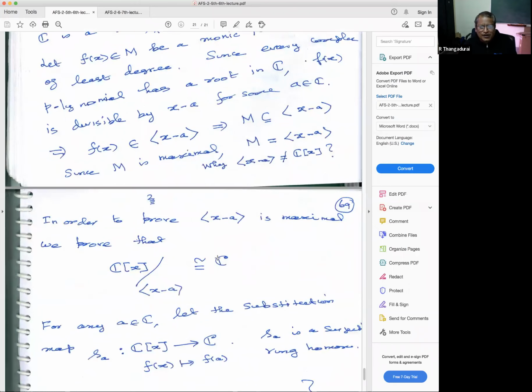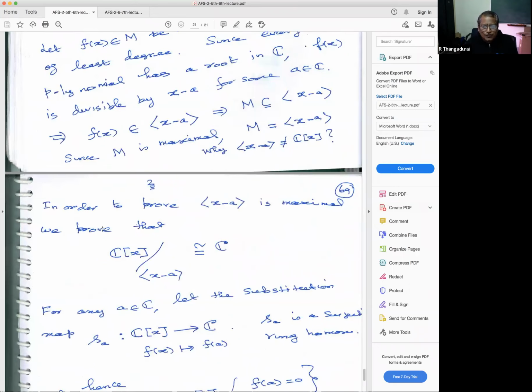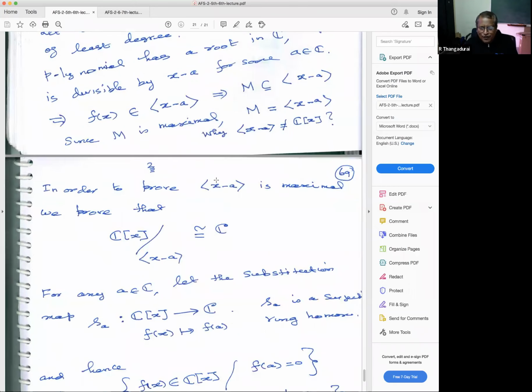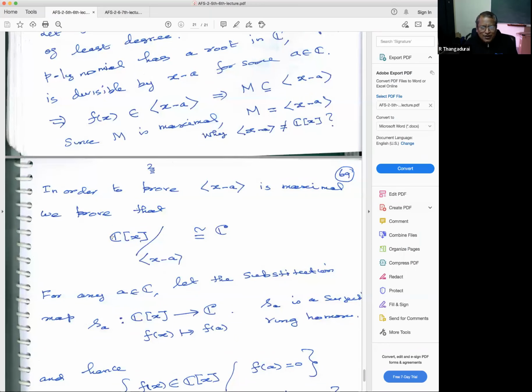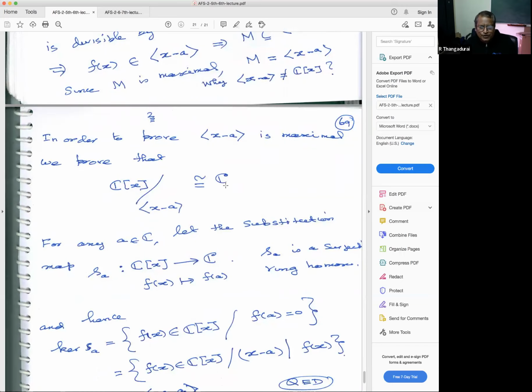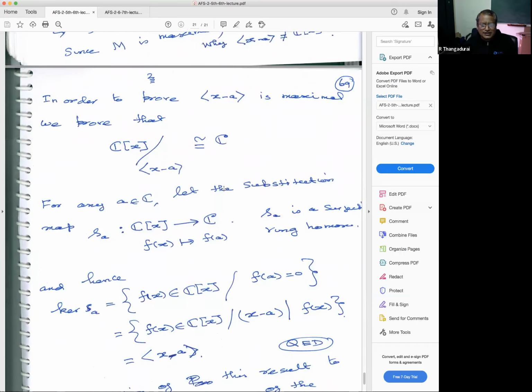If we want to prove this is a maximal ideal, we look at the quotient ring, c of x modulo the ideal generated by x minus a. If we can prove this is a field, then we are done. In fact, this quotient ring is isomorphic to C. Why? It is coming from the substitution map.